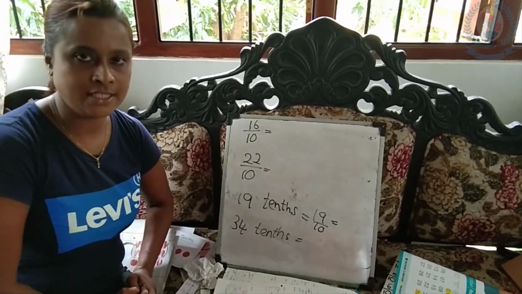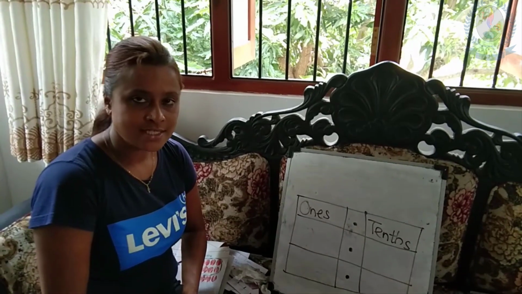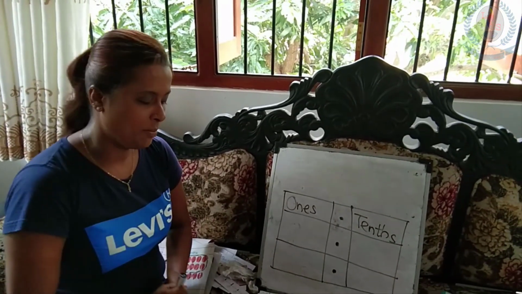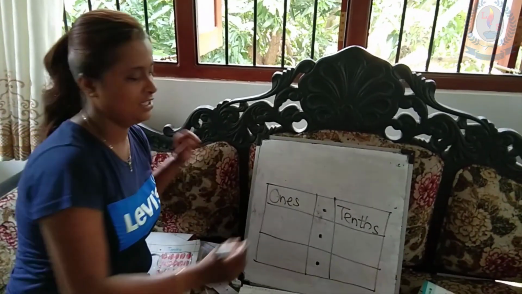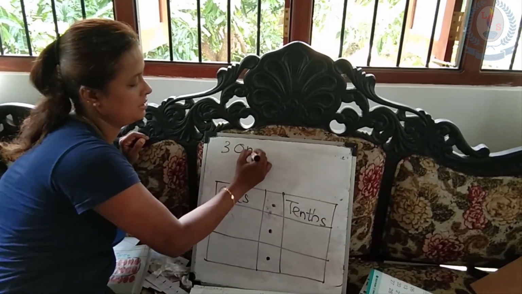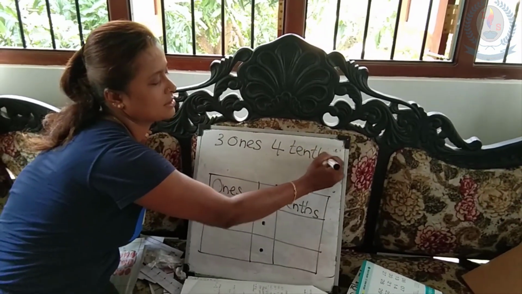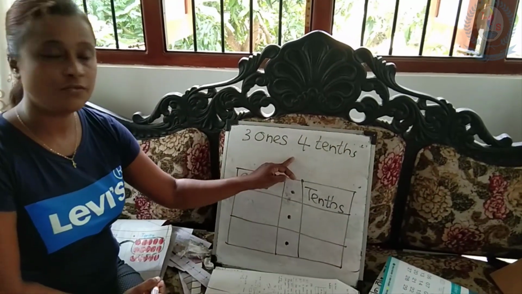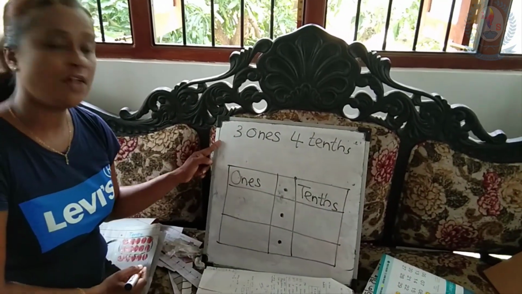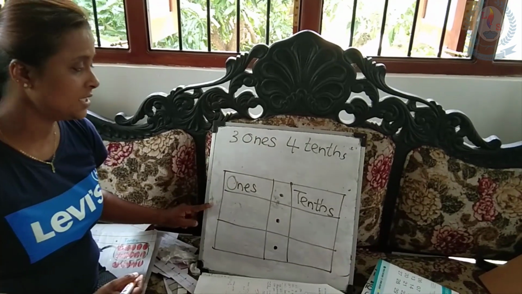Now let's go to the other part. To make it clear, I will show you another example. Now look at this. 3 ones, 4 tens. Shall we mark this on this place value chart?